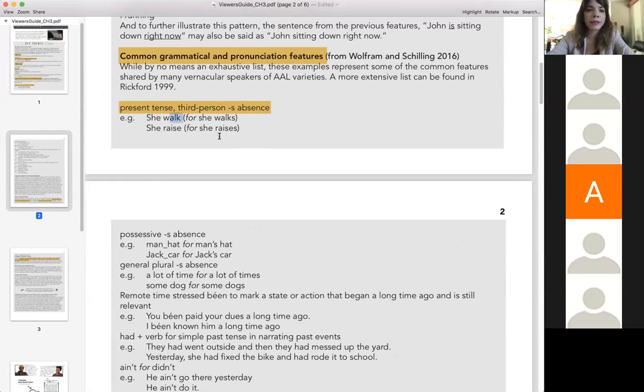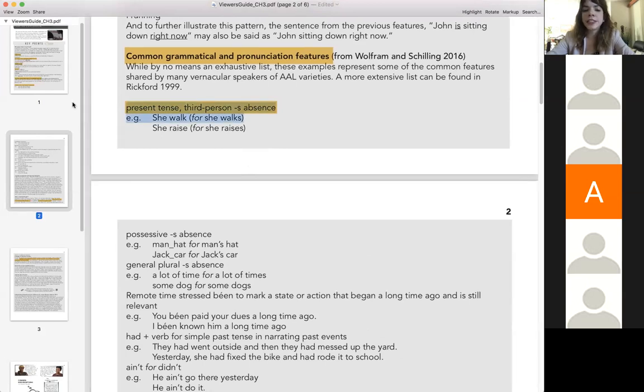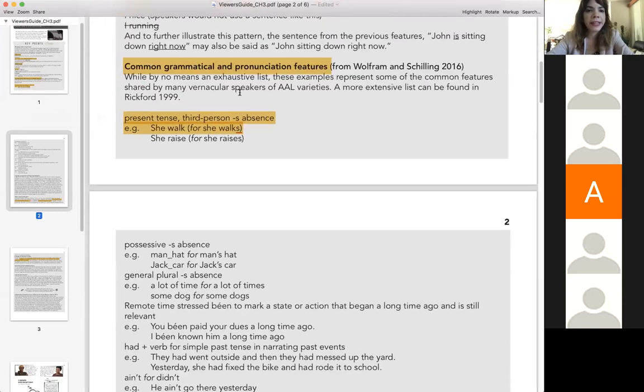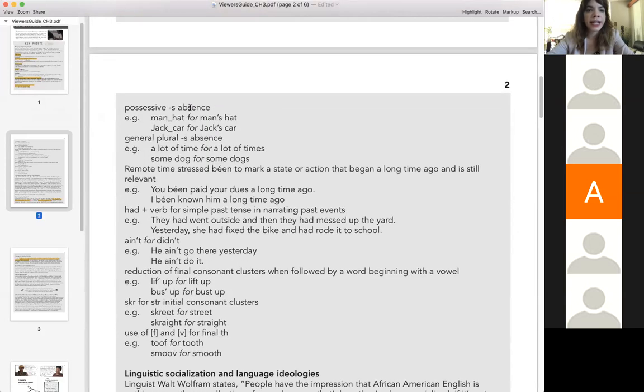But guess what? It's still understood as present tense, with or without the S that is used in standard English. So because it's still understood, it's still grammatical, it's still legitimate, right? Here are other examples of features. Possessive S absence.